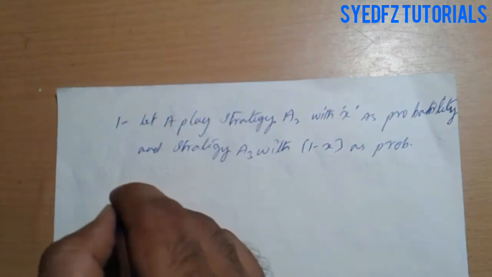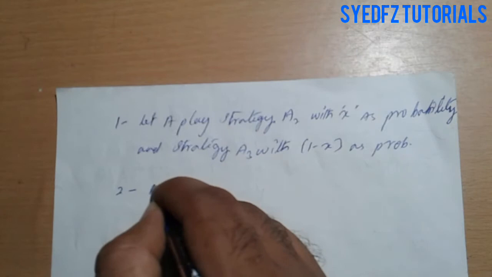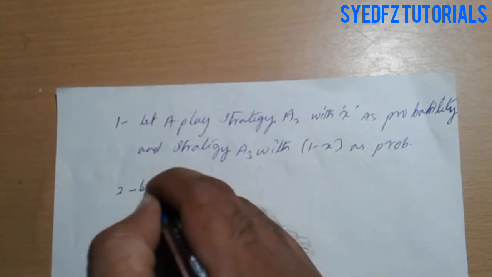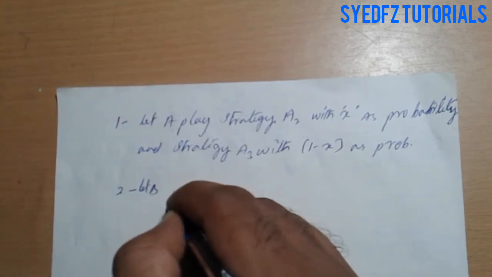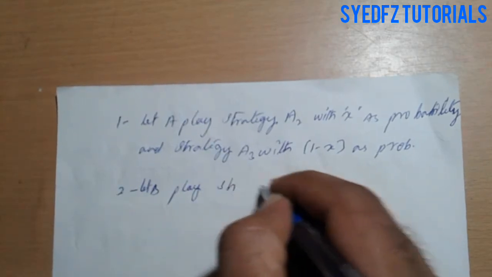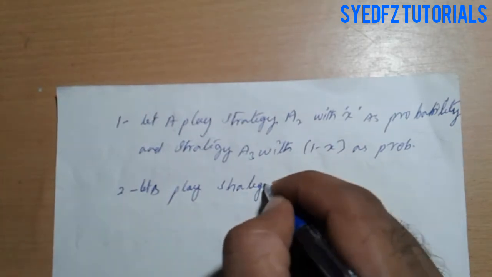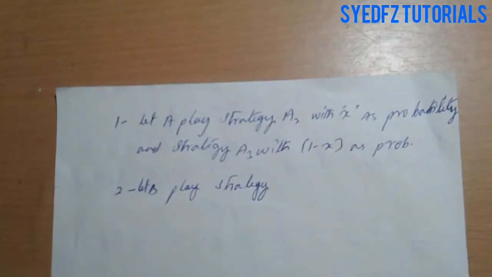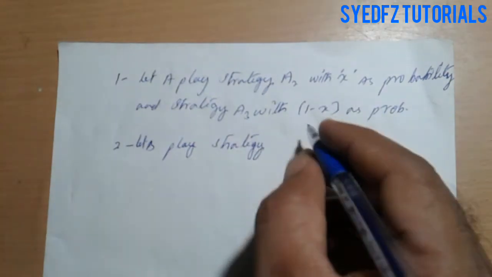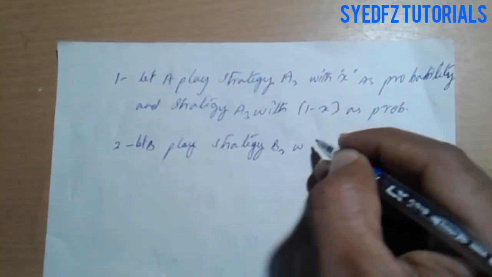This is for player A. Now for B, let B play strategy B2 with y as probability.